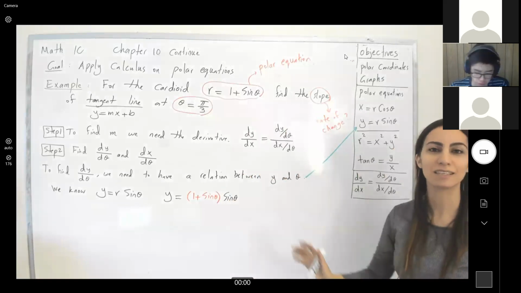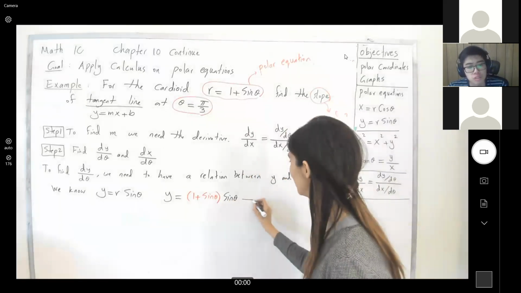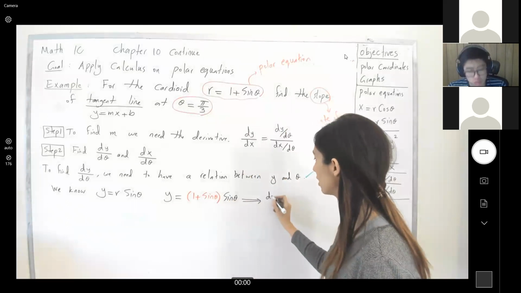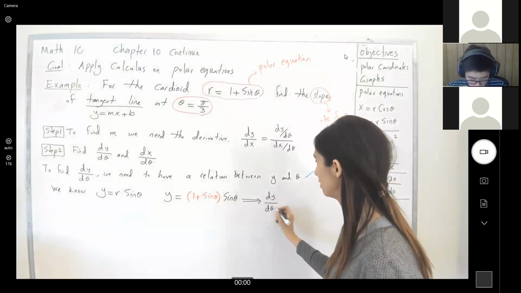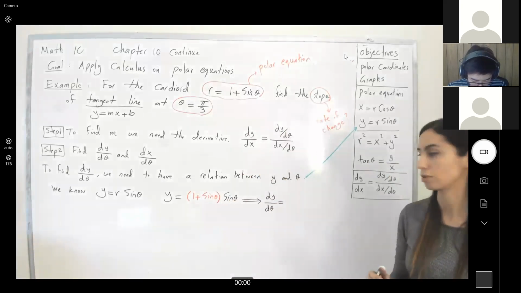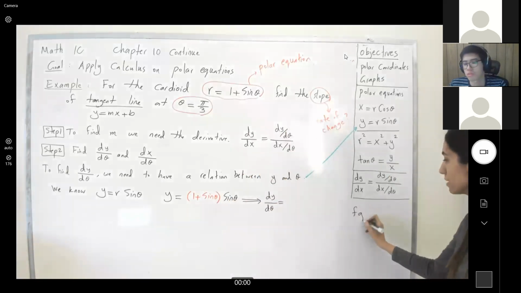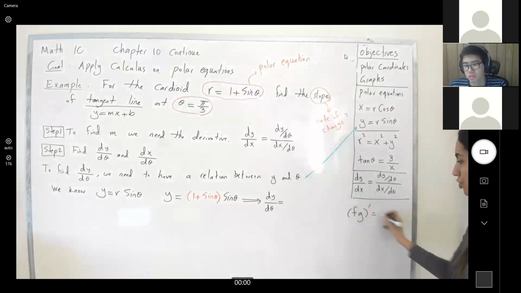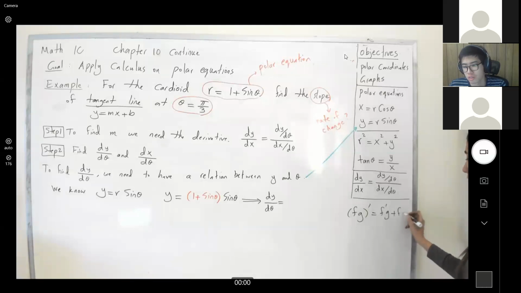Now we can easily take the derivative. Now take the derivative, dy d theta. To take the derivative here, we're going to use the product rule. The product rule says the derivative of f times g is f prime g plus f g prime.